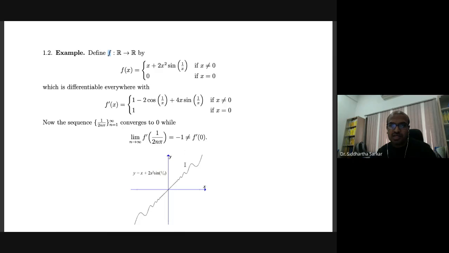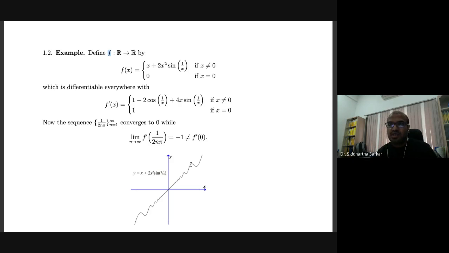But x sine 1 by x oscillates too much, in the sense that the derivative around origin, in any neighborhood of origin, always reaches +1 and -1 very often. So therefore, the invertibility of f is invalid over there. If it oscillates too much, the derivative reaches 0 at the extrema.